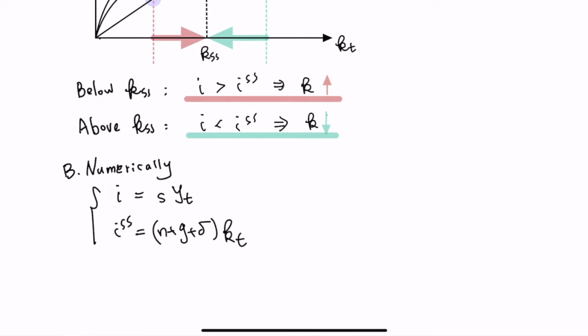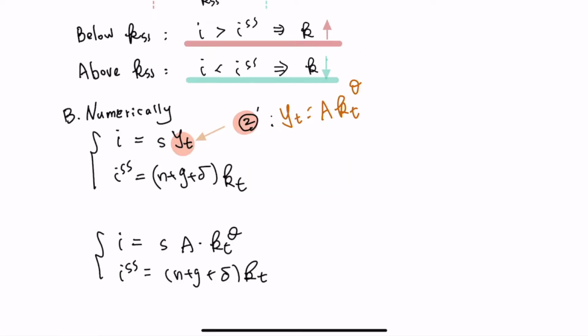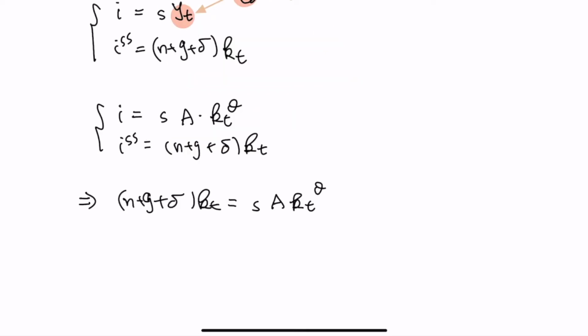Therefore, when we look at these two equations, after we put the production function into the output, the four equations under the Solow model degenerate into two equations for solving the Solow model. What we know is that if the economy wants to stay at a certain level of K, then the actual investment needs to be equal to the investment required to stay there.